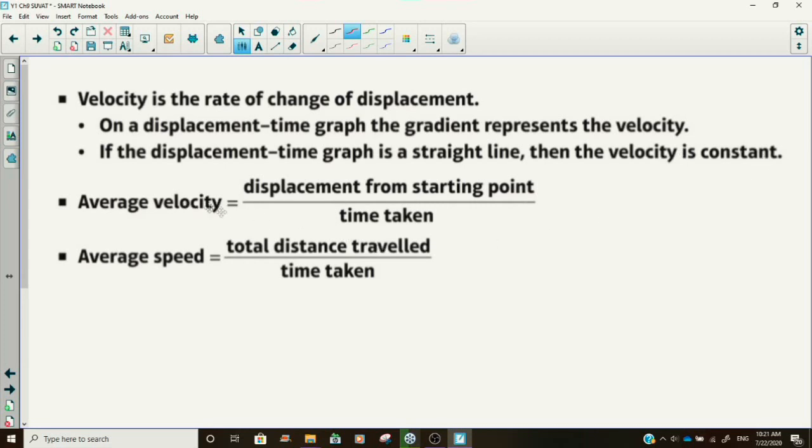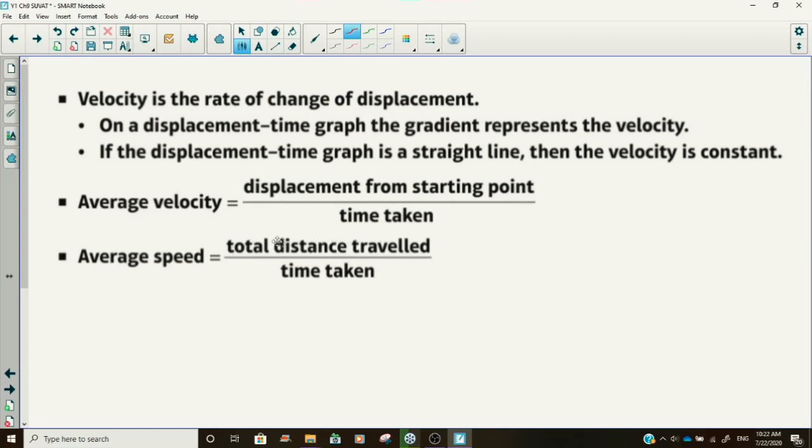Average velocity, we haven't mentioned that. The average velocity is the displacement from the starting point over the time taken. So you could actually have an average velocity of 0 if they start and finish at the same point, because the displacement would then be 0. The average speed, on the other hand, is always positive, and that's because we take the total distance, okay?